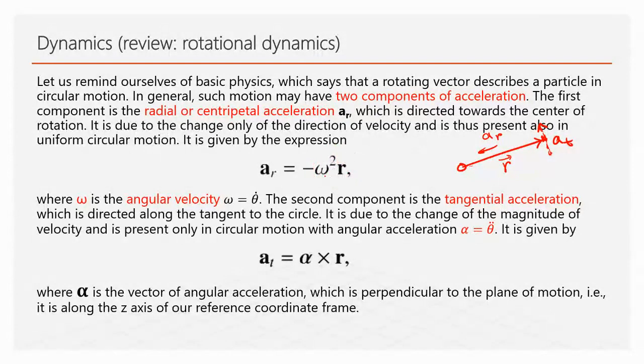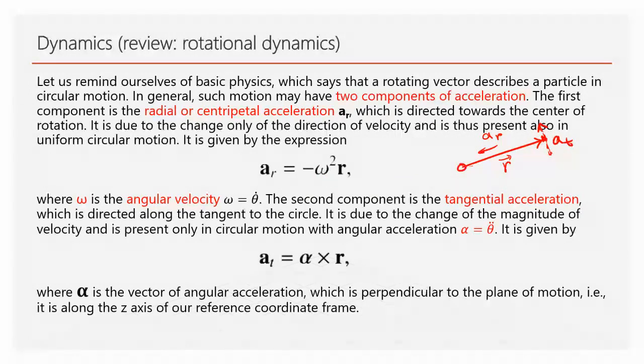We know that omega, the rotational speed, is the first derivative of the angle. And it's negative because it's coming toward the center. It is trying to keep the mass on a circle, so it applies a force toward the center of the rotation.